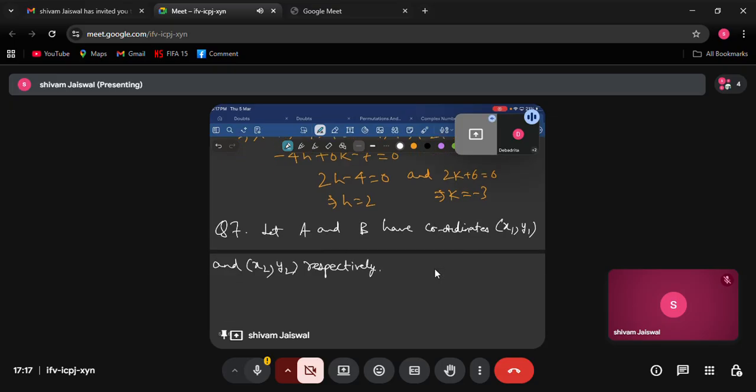We define the distance between A and B as d(A, B) equal to the maximum of mod of x2 minus x1, comma mod of y2 minus y1.